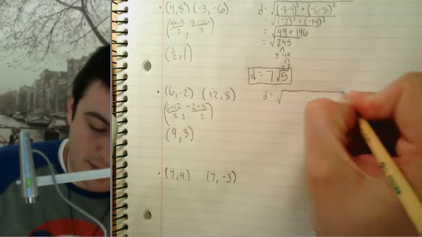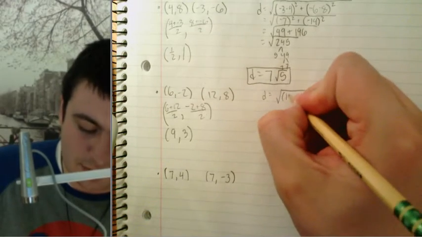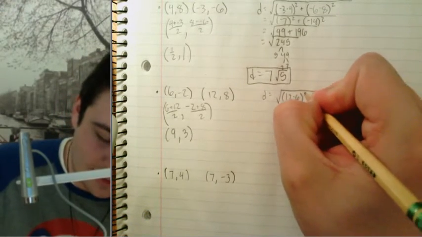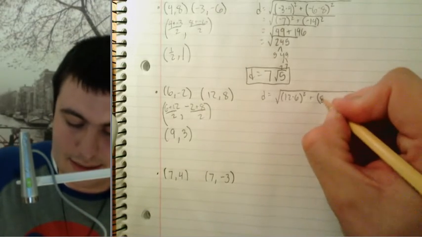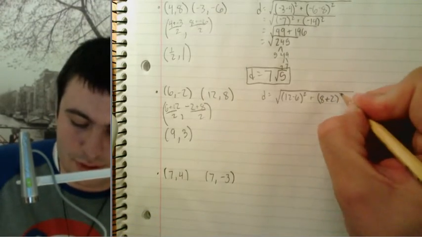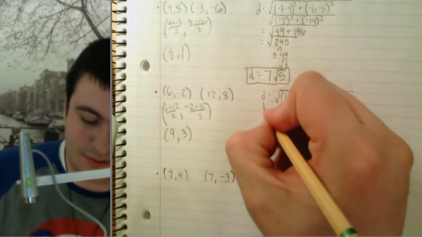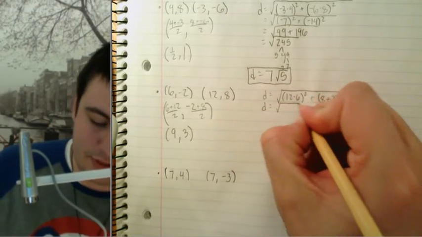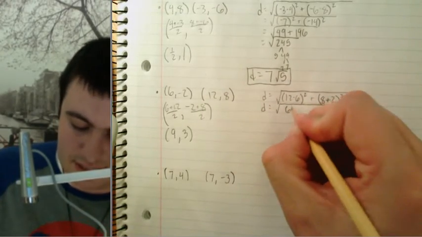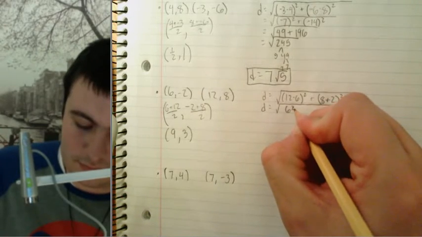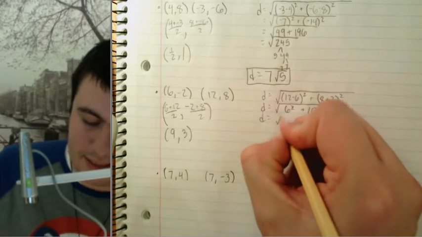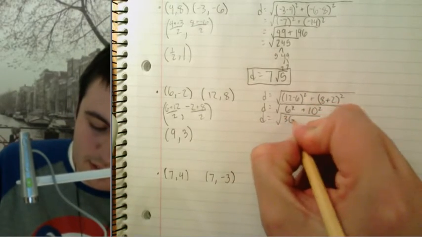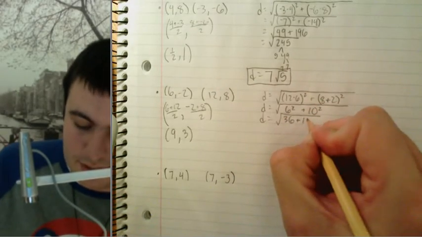So we have our difference of x's, so let's say 12 minus 6 squared, plus our difference of y's, 8 minus negative 2 squared. So we know that the distance is equal to, we have 6 squared plus 10 squared. So the distance is equal to 36 plus 100.